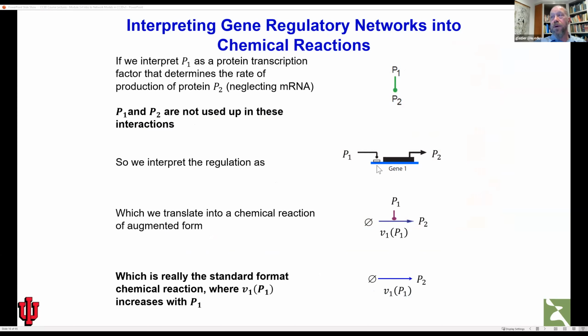What's really happening is P1 binds to a regulatory site on the gene. The gene is transcribed and then translated to produce P2. As a chemical reaction, the things that are used up are not modeled. So we have nothing goes to P2 at a rate that depends on the amount of P1.